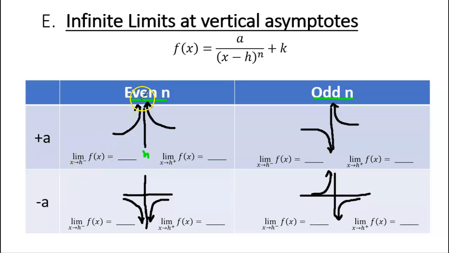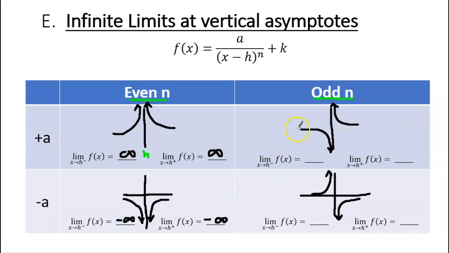And as you can see, as I approach it from the left, the graph goes up. And as I approach the asymptote from the right, the graph goes up. So we're going to put infinity on both of these. For this one down here, whether you're approaching from the left or the right, either way, the graph goes down into negative infinity. The y values go down into negative infinity.